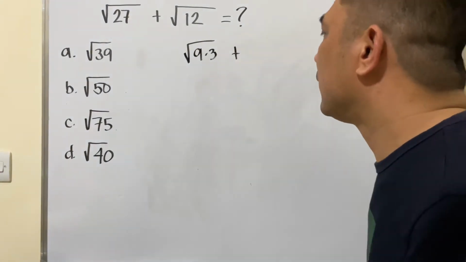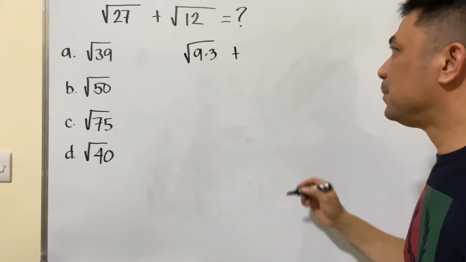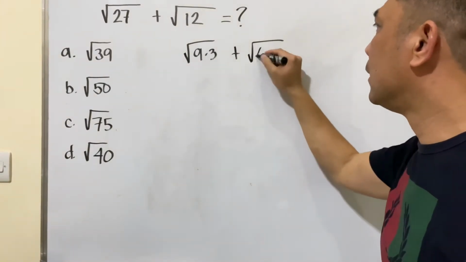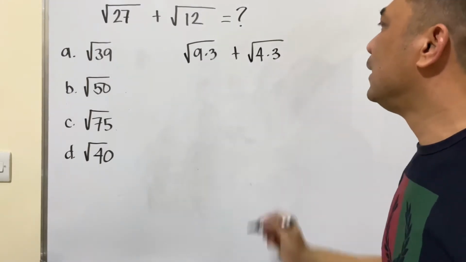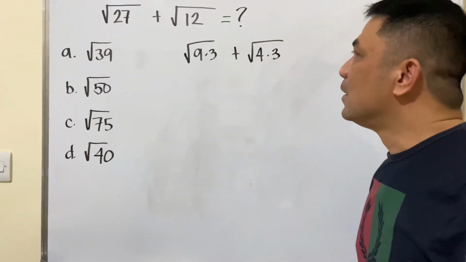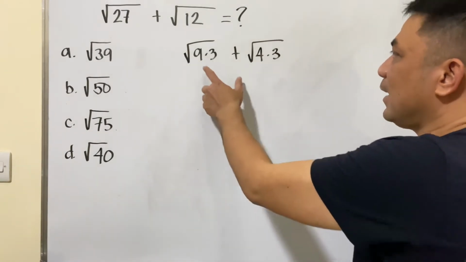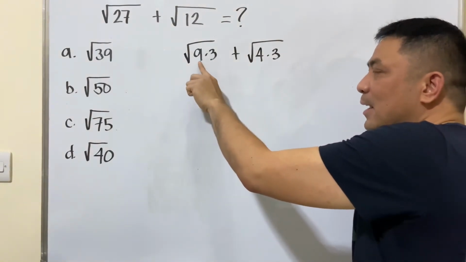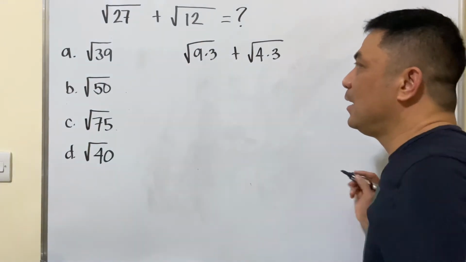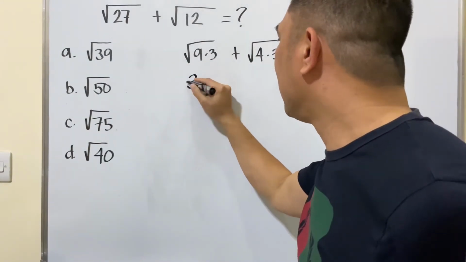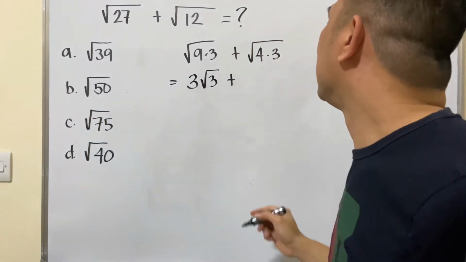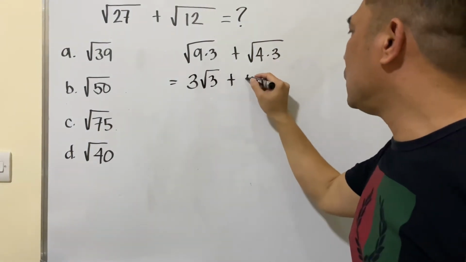Similarly, the square root of 12 will be 4 multiplied by 3. As you can see here, 9 is a perfect square, and 4 is a perfect square. So the square root of 9 can be taken out of the radical sign. That means this will be 3 square root of 3 plus the square root of 4, that is 2 square root of 3.